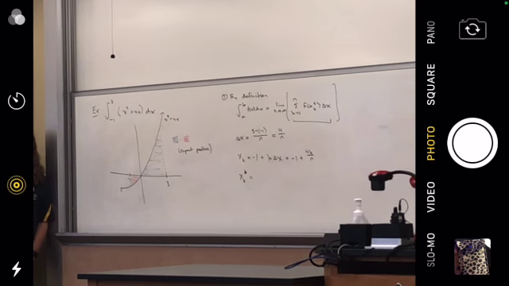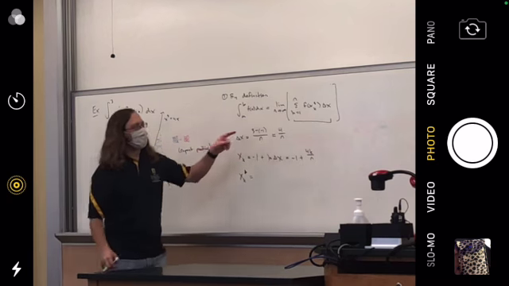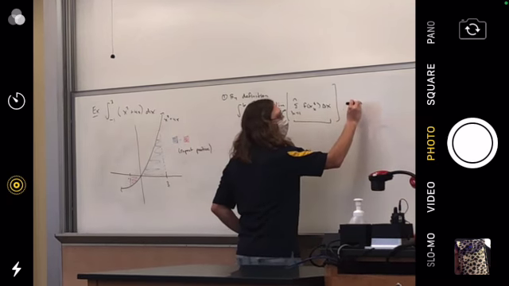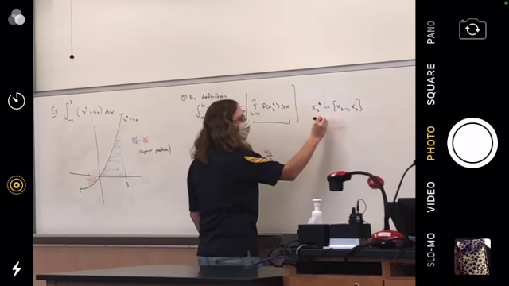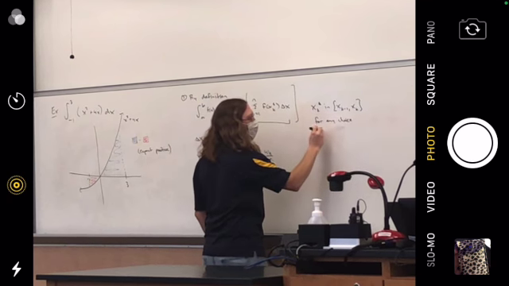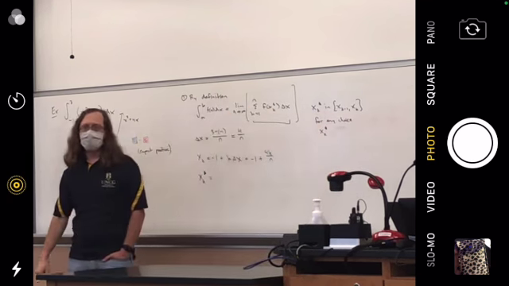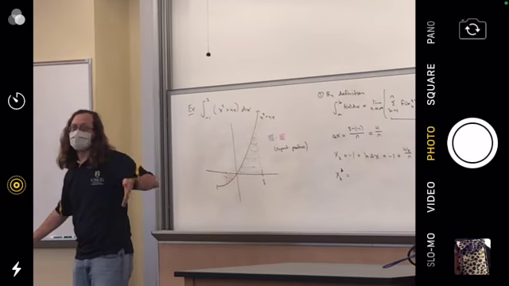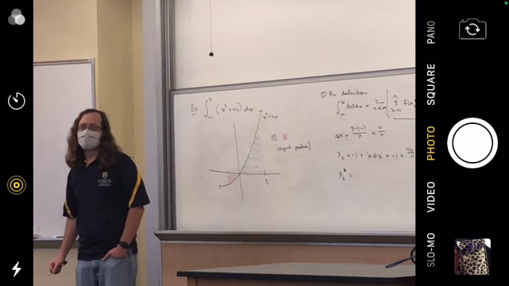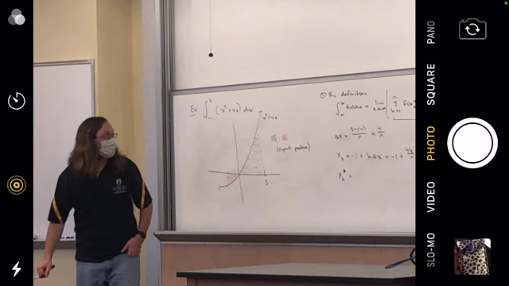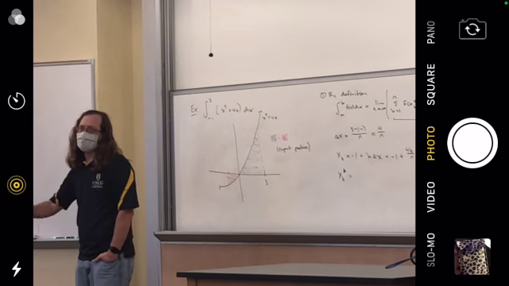Trapezoidal technically wasn't one, but we'll pretend. If it's infinitely small, why does it matter? It doesn't. When we say this limit exists, there's a bigger technicality that says it exists whenever we choose xk star in the interval x(k-1) to xk, for any choice. I can do a left sum, I can do a right sum, I can do anything in between, I can do upper sums, I can do lower sums. That part doesn't matter. So when we say this limit exists to give this definite integral, it's independent of how we choose the Riemann sum.